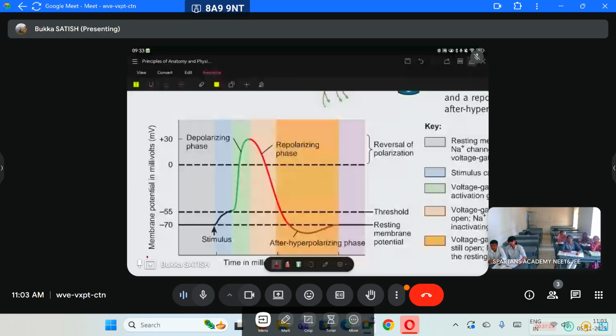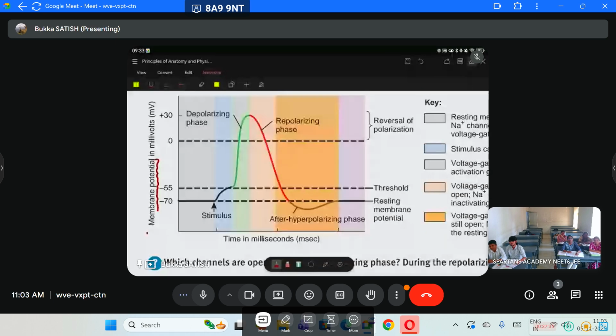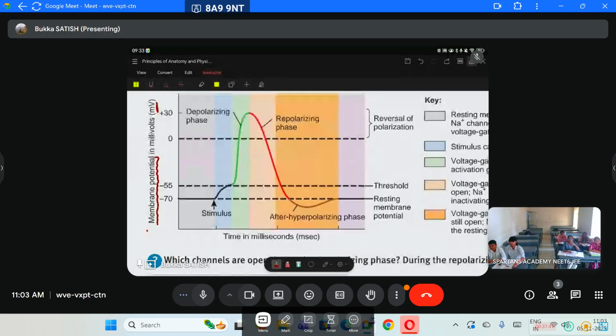Okay, now see properly. On the y-axis you see membrane potential, in millivolts. On the x-axis, you take time. Initially, what do you see here?